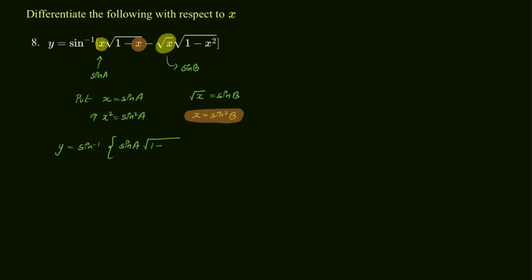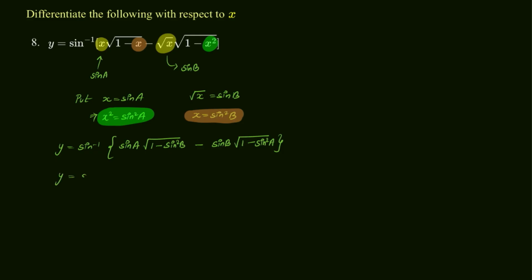So it will be sine square b minus square root of x is sine b, square root of 1 minus, now instead of this x square I'll write sine square a.